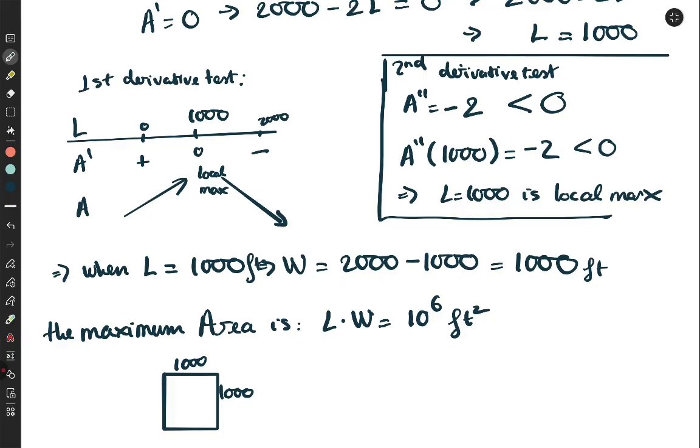You don't need to plug in 2000. You don't need to draw the table. You get the answer right away. Length equal width, you have a square.